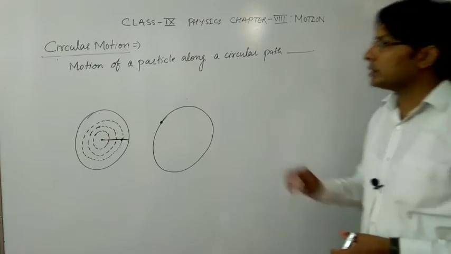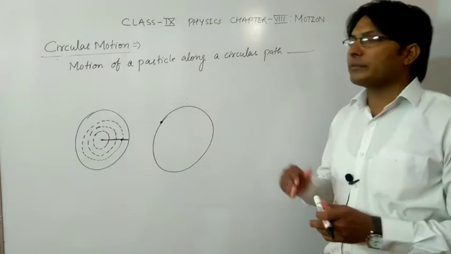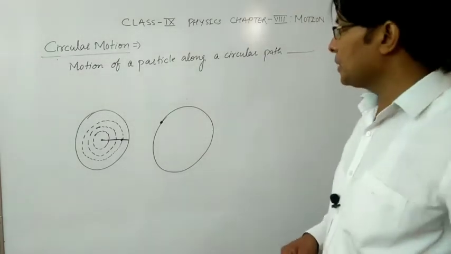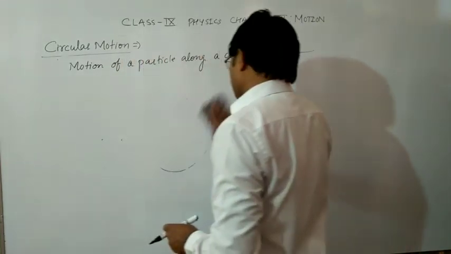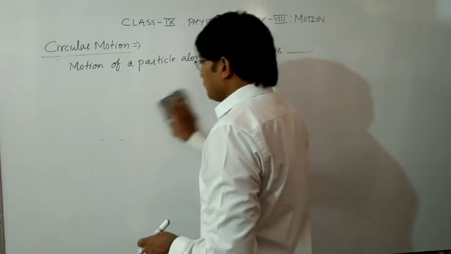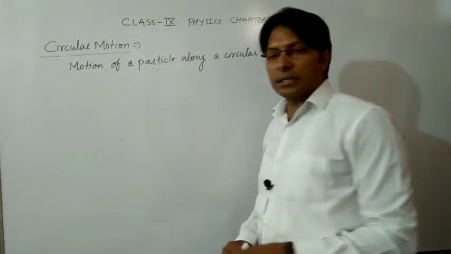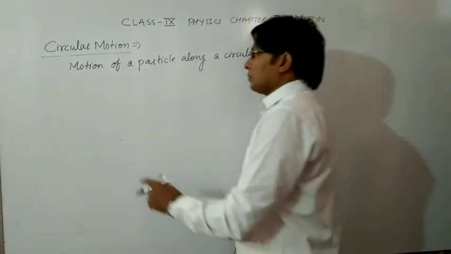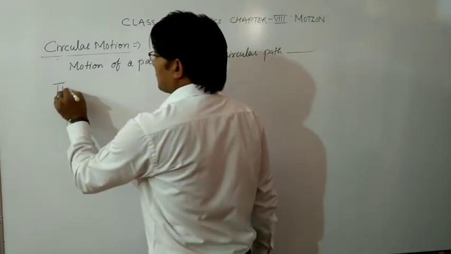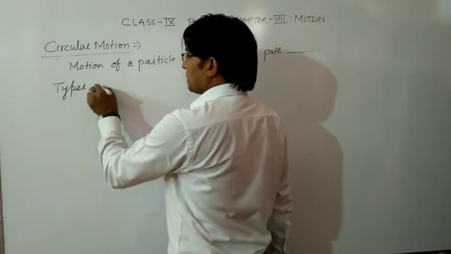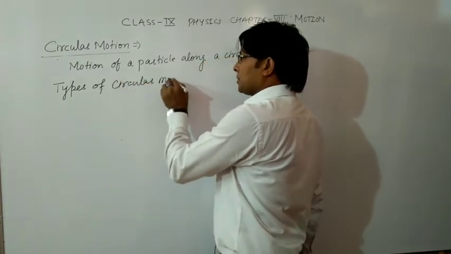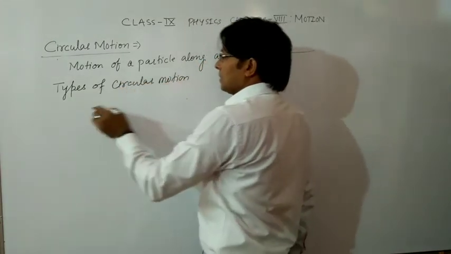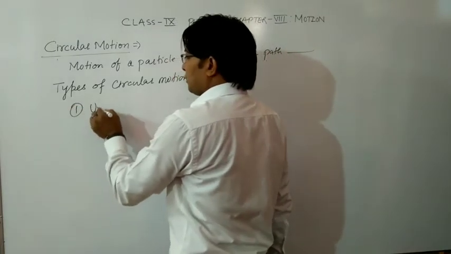Okay, now let us discuss what are the various types of circular motion. There are two types of circular motion we generally study. First is uniform circular motion and the other is non-uniform circular motion. Types of circular motion. The first is uniform circular motion.